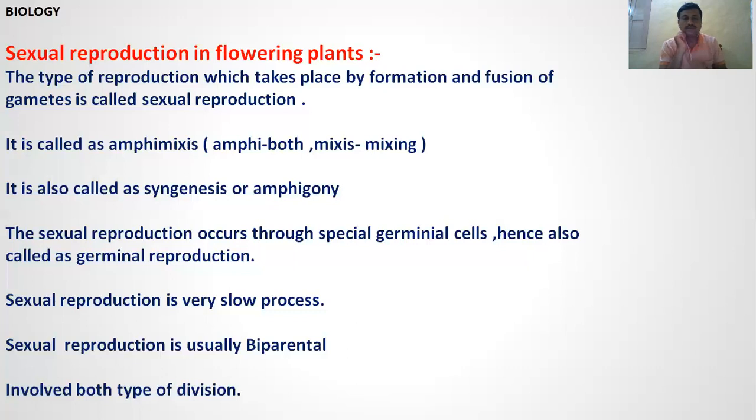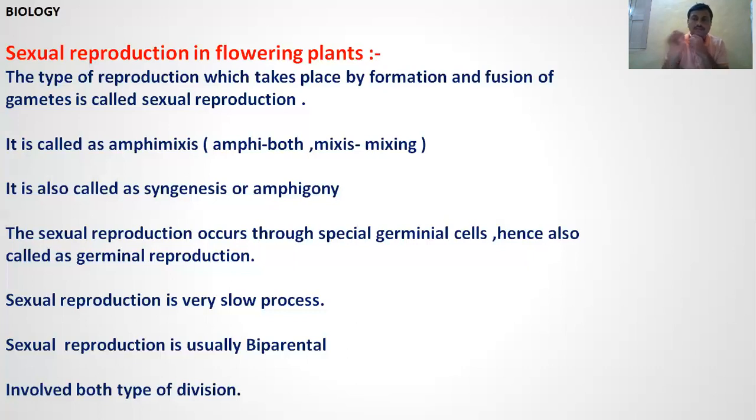First, meiosis: formation of gametes and fusion of gametes. This process occurs by meiotic cell divisions, and the new offspring grow with the help of mitotic divisions. So both types of divisions are involved in this process.